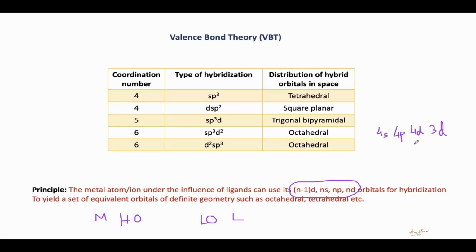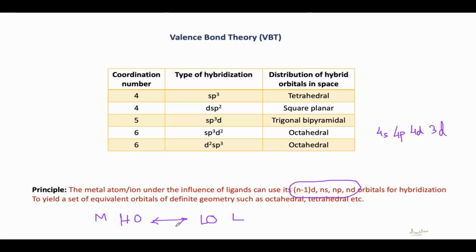So these will be the orbitals that we will discuss: 4s, 4p, 4d, and 3d. Now, these metal-based orbitals are hybridized. We have these ligand-based orbitals also, and they can donate the electron pairs for bonding. So there will be a bonding between the hybridized orbital of the metal and a ligand orbital of the ligand.